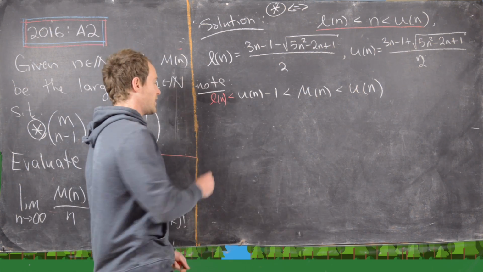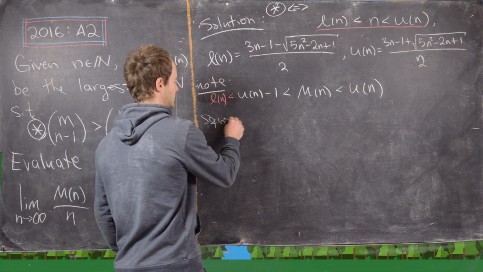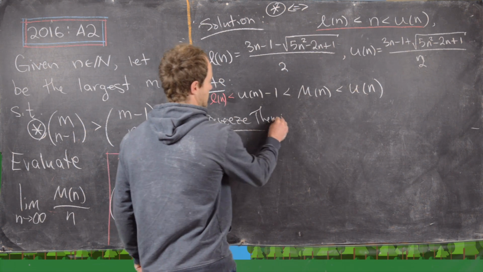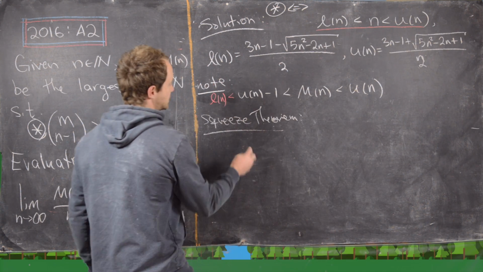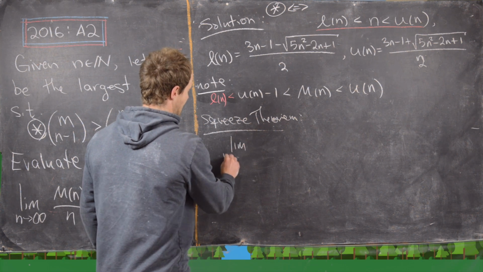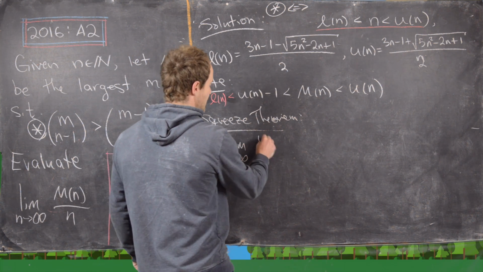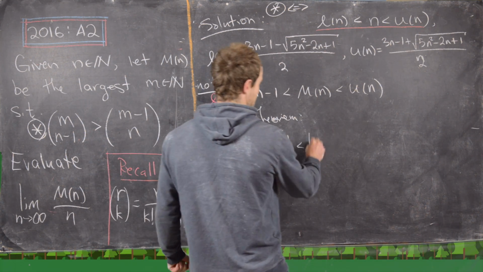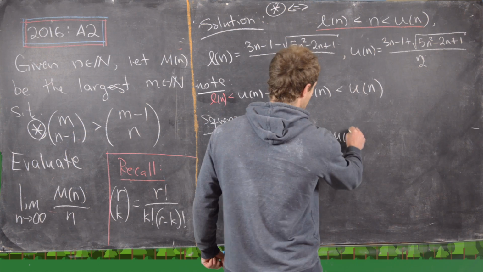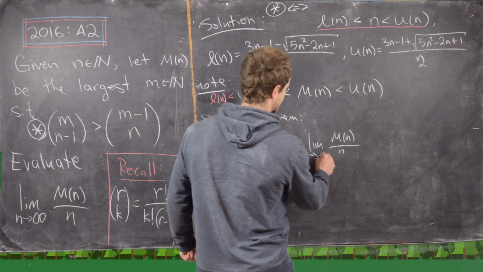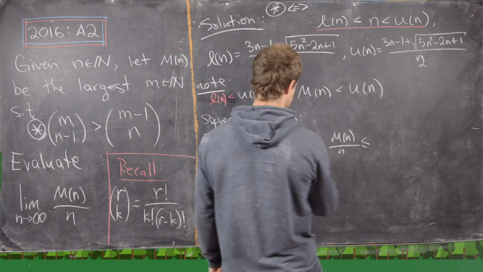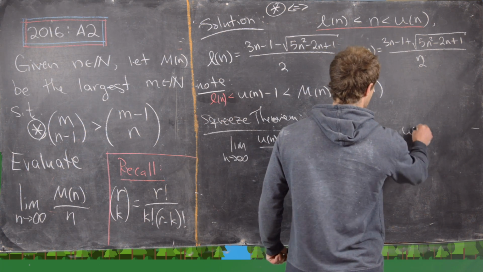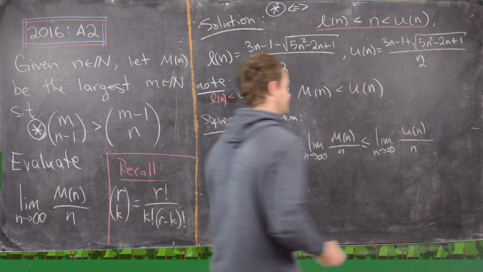But now we can apply the squeeze theorem to show that the limit as n goes to infinity of u of n minus 1 over n is less than or equal to the limit of m of n over n as n goes to infinity, which is less than or equal to the limit as n goes to infinity of u of n over n.